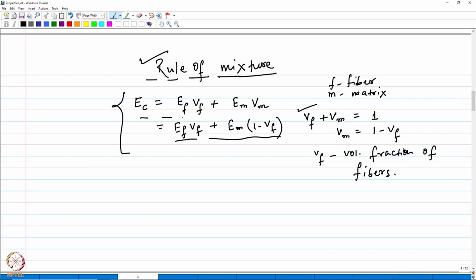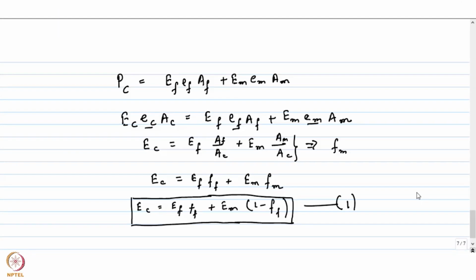So, it goes by this particular relationship, and as I said, this is basically the weighted average of the properties of the individual constituents of the composite. Okay. So, if we know the volume fraction of the fiber, any property like elastic modulus or any other property can be estimated using the rule of mixture equation that you see over here. Okay. So, we discussed the rule of mixture and derived it.